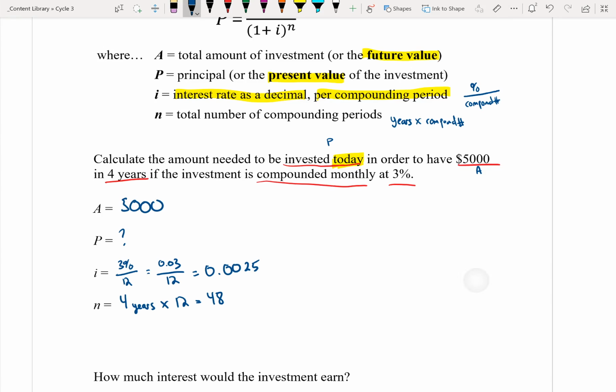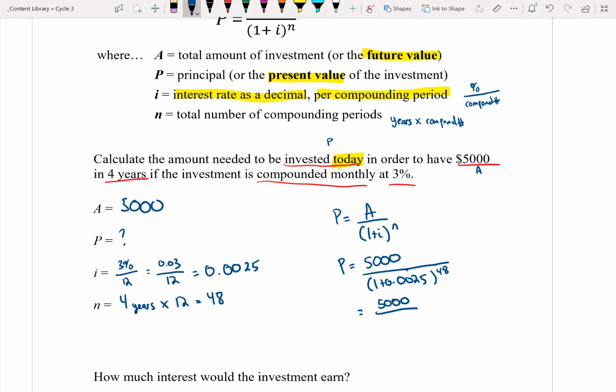Now we just plug it into our present value formula, which is P equals A over 1 plus I to the power of n. P is equal to 5,000 divided by 1 plus 0.0025, which is to the power of 48. This one's going to be a little bit more complicated to do all at once, so I would recommend simplifying the bottom part first.